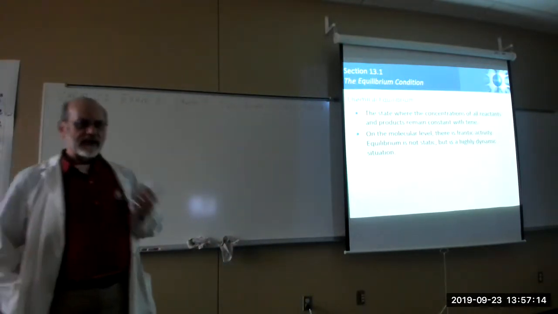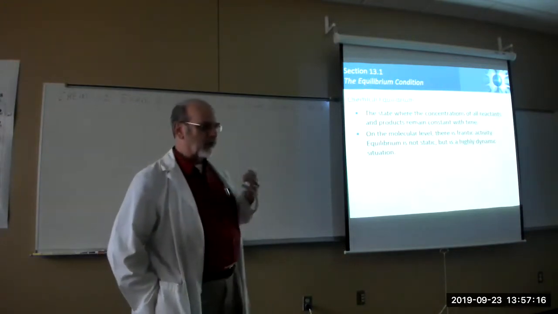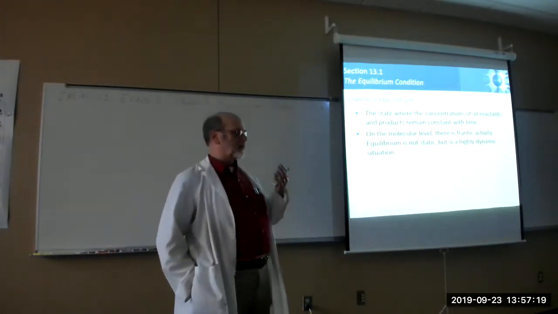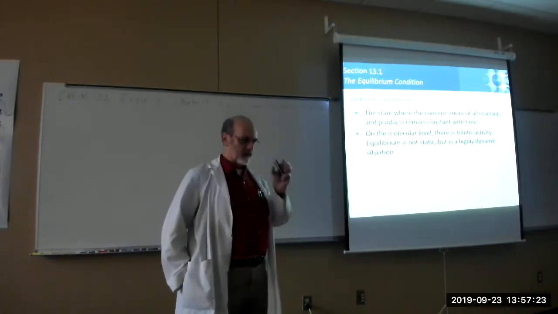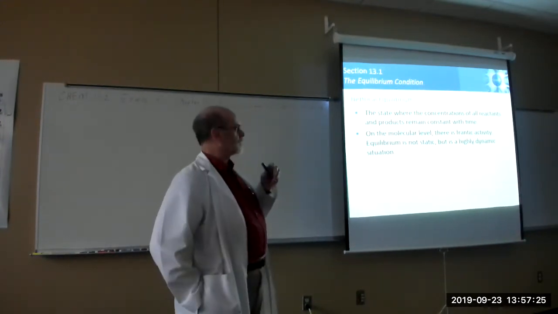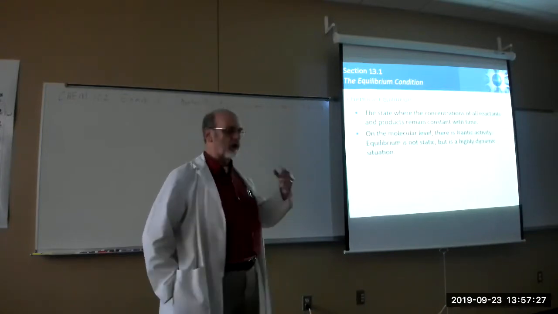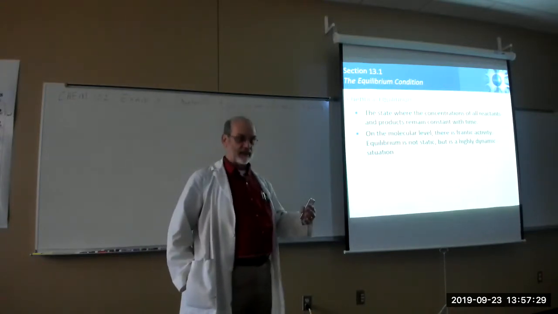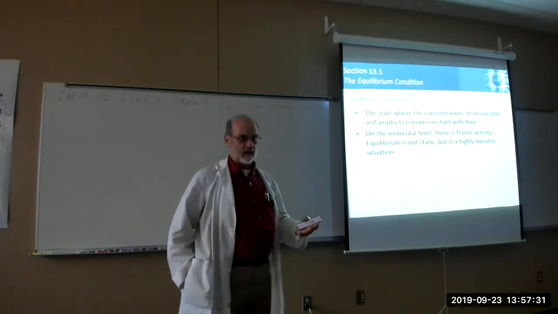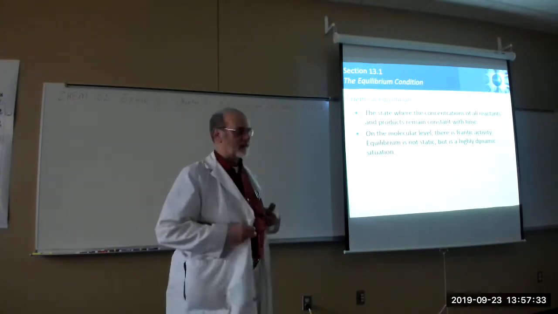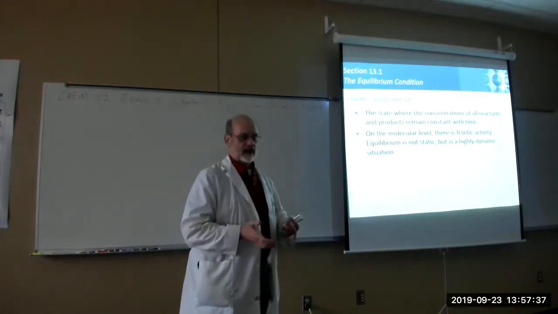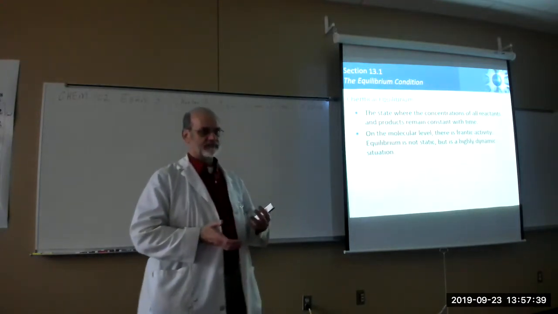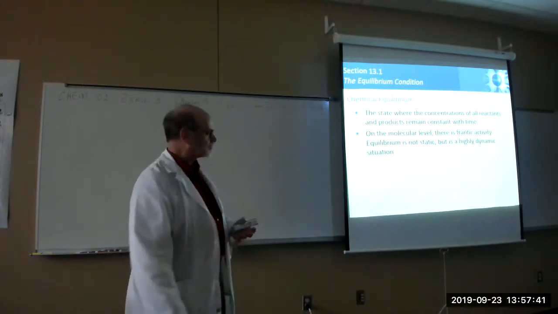If during a chemical reaction, you reach a point where the concentrations of the reactants are stable, they're constant, and the products are also constant over time, that's what we mean by equilibrium. There is no apparent macroscopic change in concentration for a given reaction.